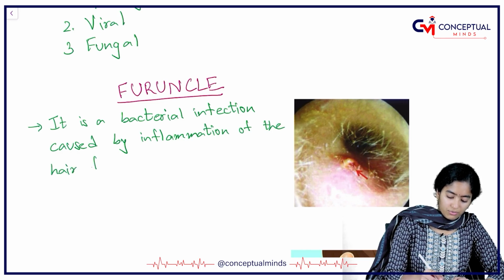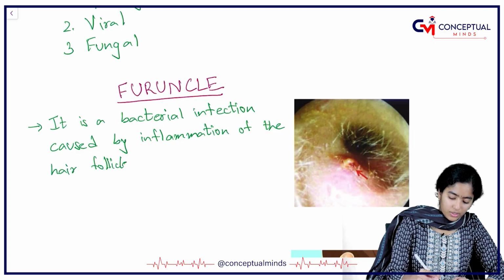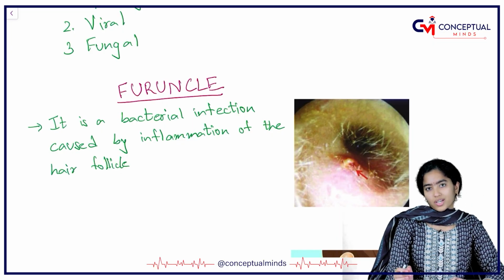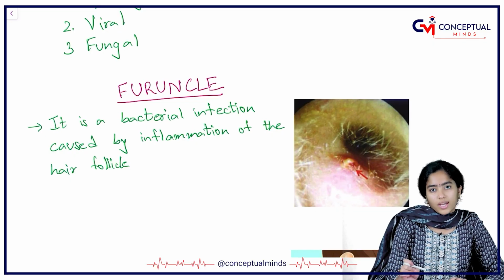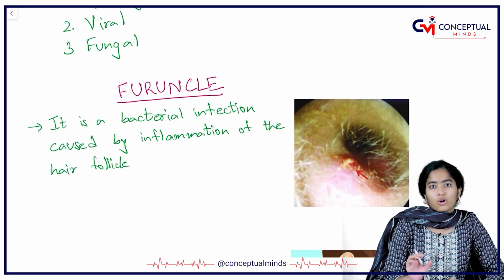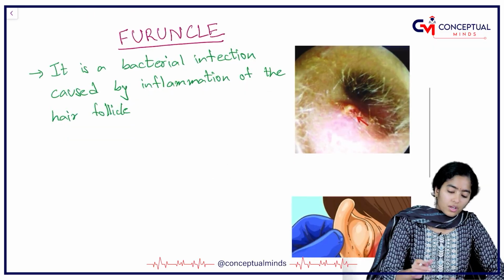It is caused by inflammation of hair follicle in the external auditory canal, of course, because we are learning about otitis externa. Localized otitis externa is nothing but a furuncle, which is bacterial infection of the hair follicle, and hair follicles are present only in the outer 1/3.